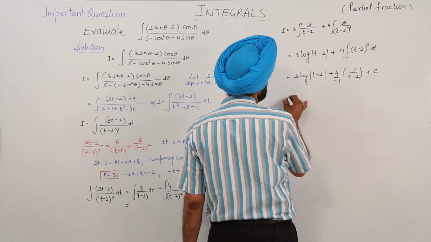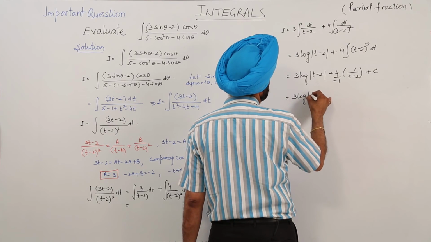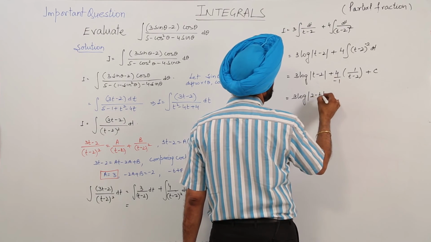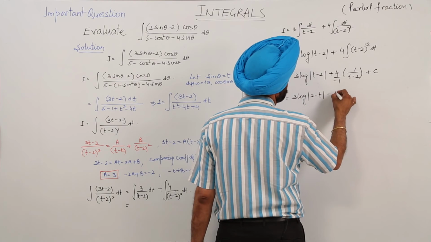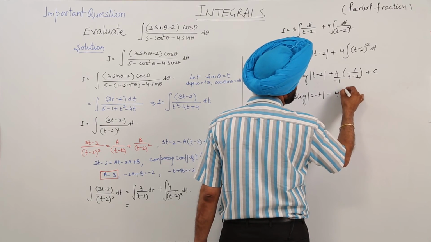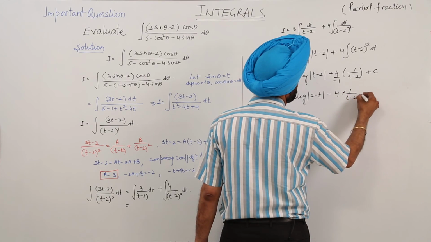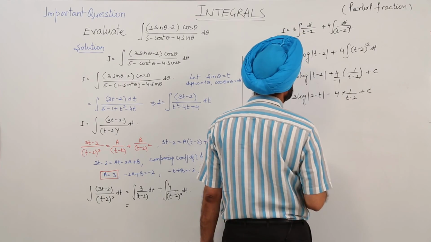Now to this we can write it as 3 log of 2 minus t minus 4 into 1 upon t minus 2 plus c.